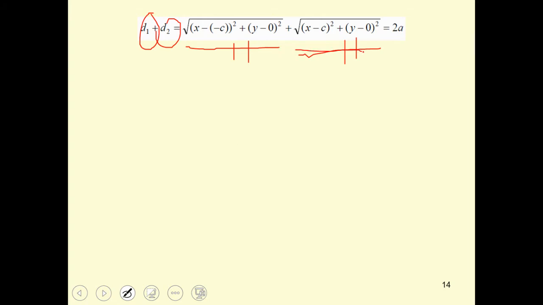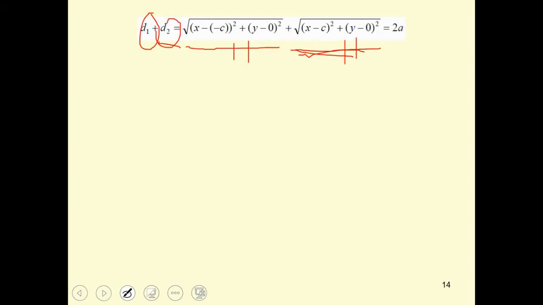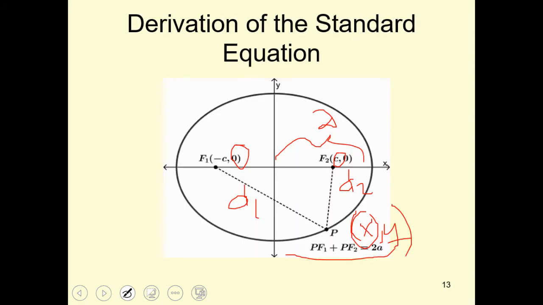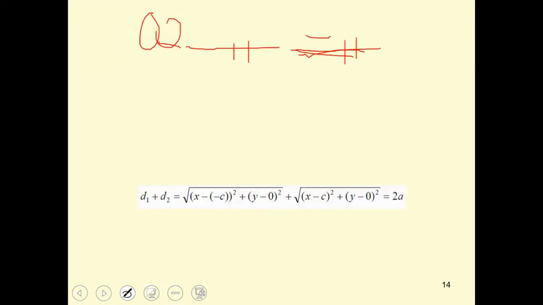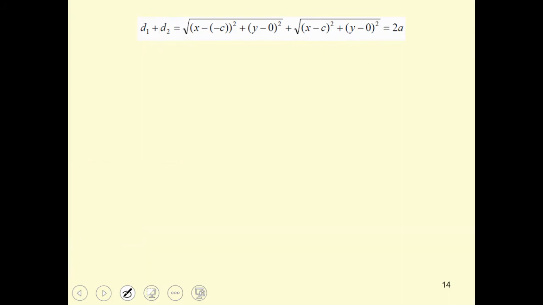Dire na punta sa D2. Distance formula gyapon ta. So, the square root of X minus C squared plus Y minus 0 squared. So, distance formula ra ni. Okay, distance formula ra na sila tanan.